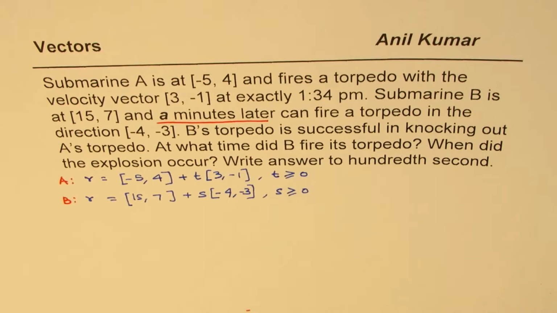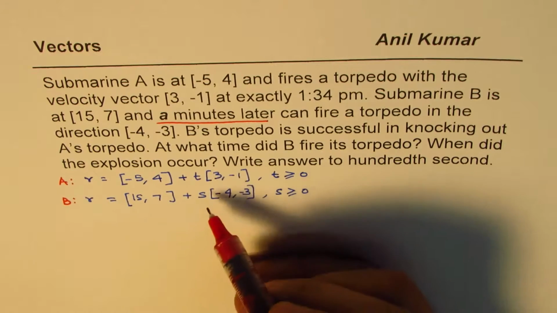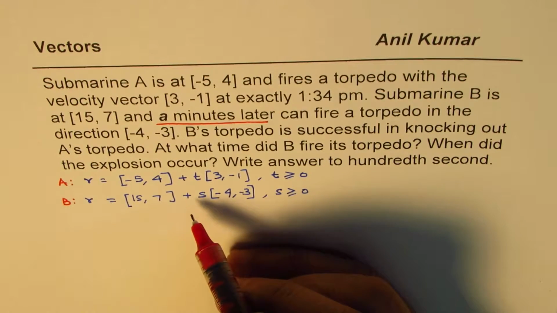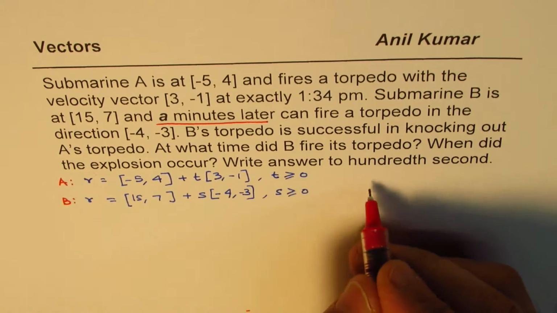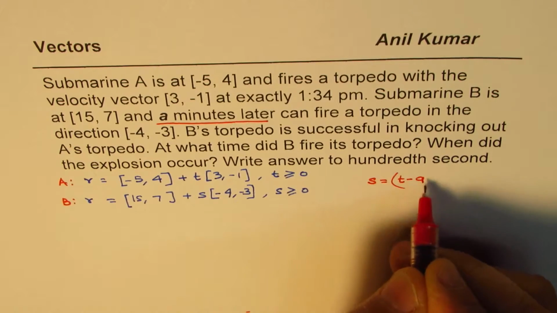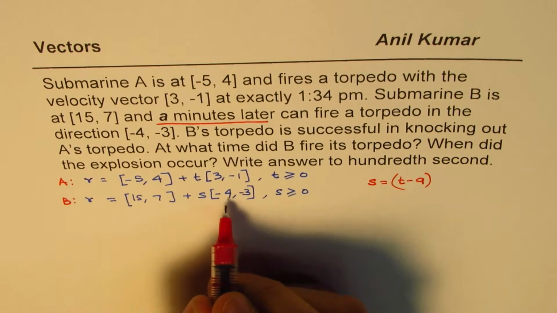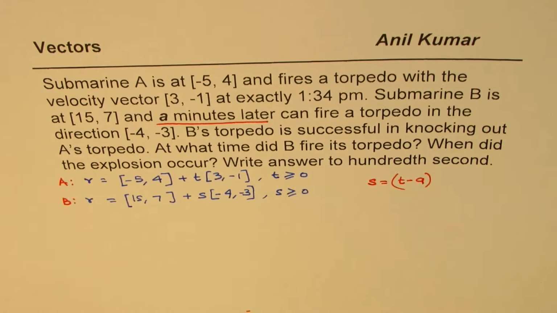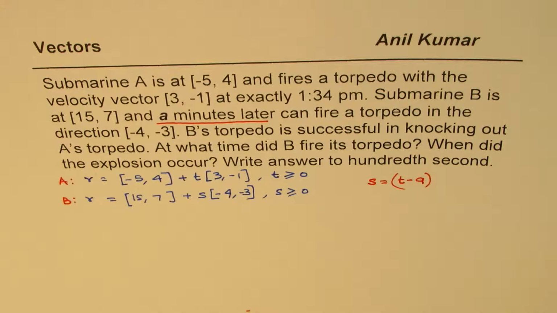So there is a time difference between the two. If I have to link these two equations, I have to remember that S is basically equal to t minus a, since B can fire A minutes later. That is a response to the fire from A, correct?